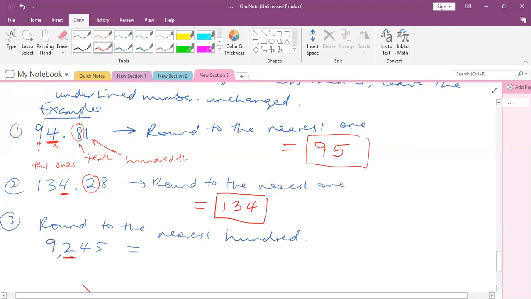So this is the number I want to round. I examine the number to the right of the underlined number, which is this number 4. Is it greater or less than 5? It is less than 5, so I'm going to maintain the underlined number; it remains unchanged. So we'll have 9, 2, and then all the other place values will be 0, 0.